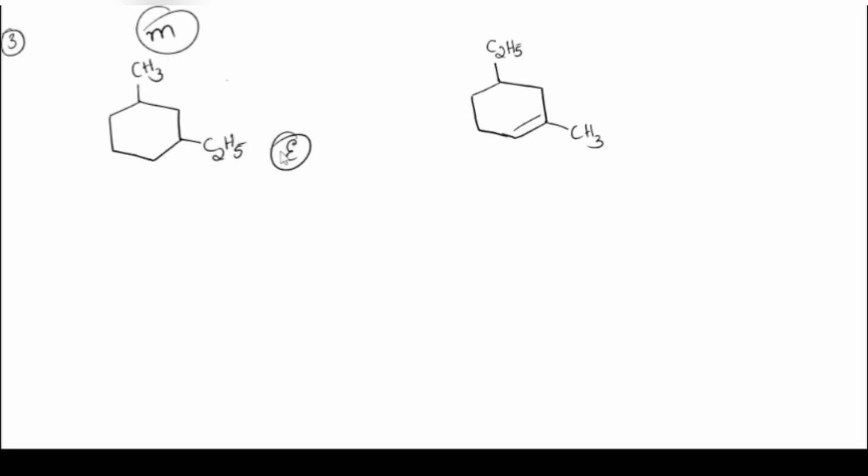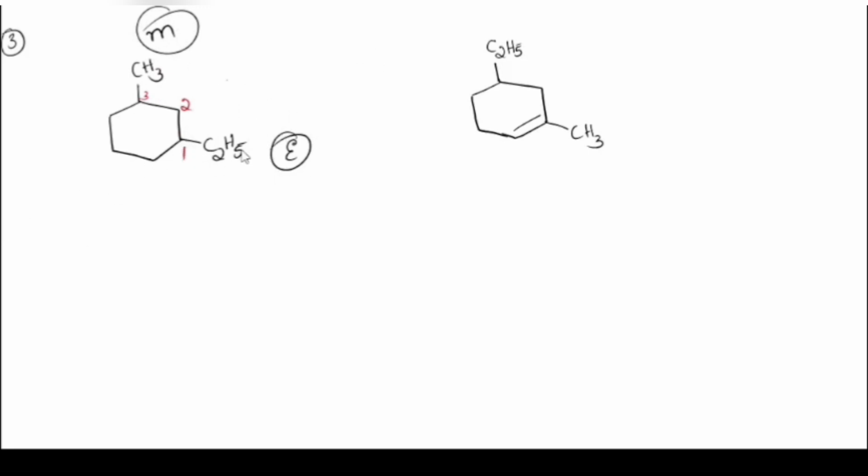That's why E will come first in alphabetical order, so I will give 1, 2 and 3 like this. Now I could give numbers from the other side also, but since M comes later in alphabetical order, I have to start from E like this.